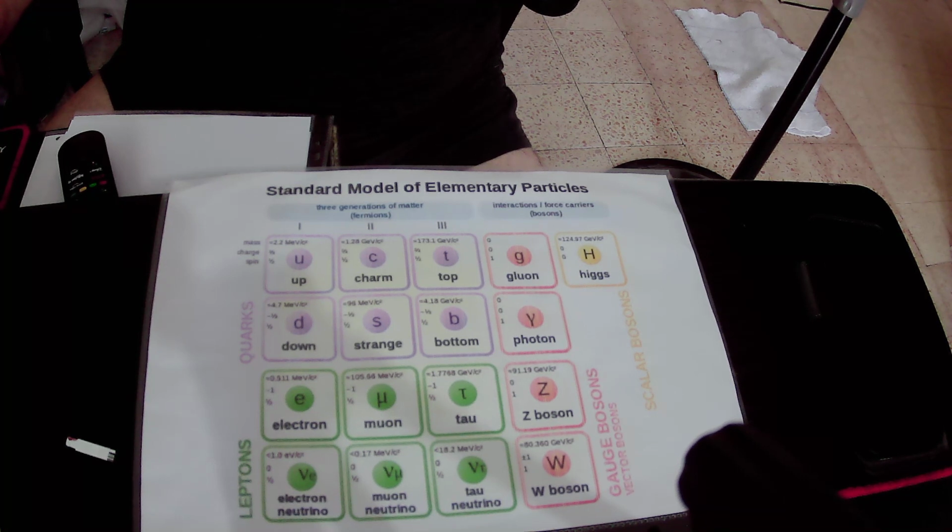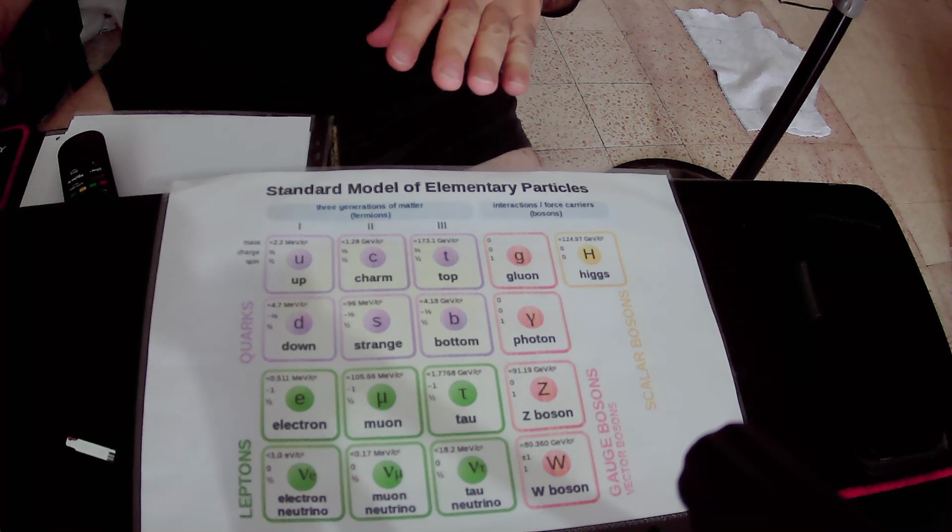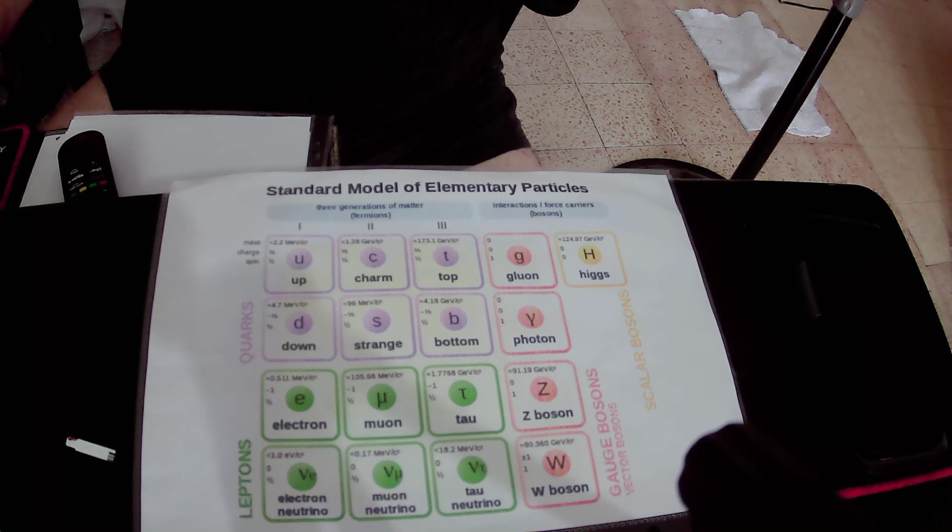That are the boson Z and boson W particles. Okay, and the 13th particle that doesn't exist in this table is the hypothesized graviton that has spin 2 and carries the force of gravity. Okay?